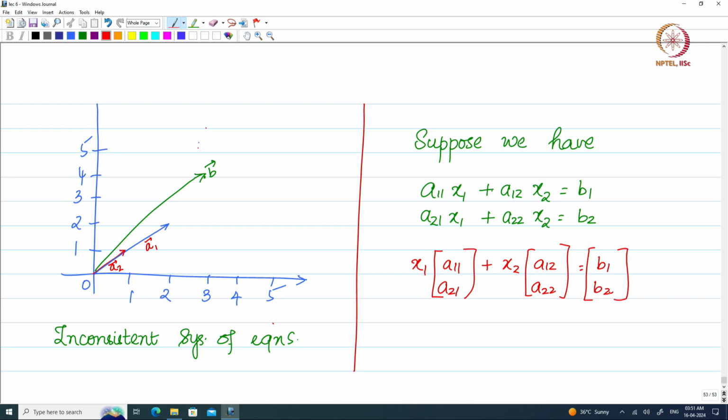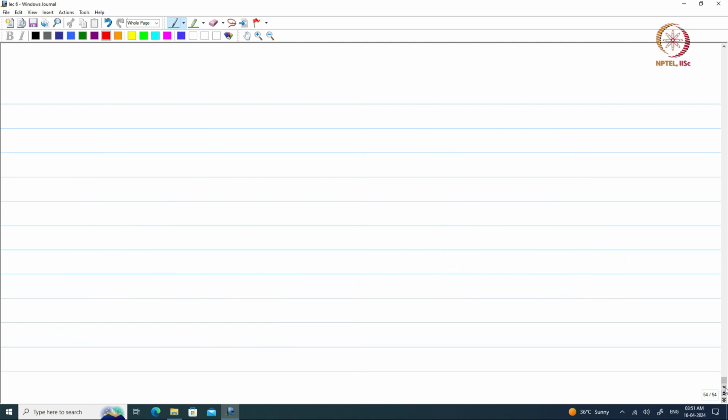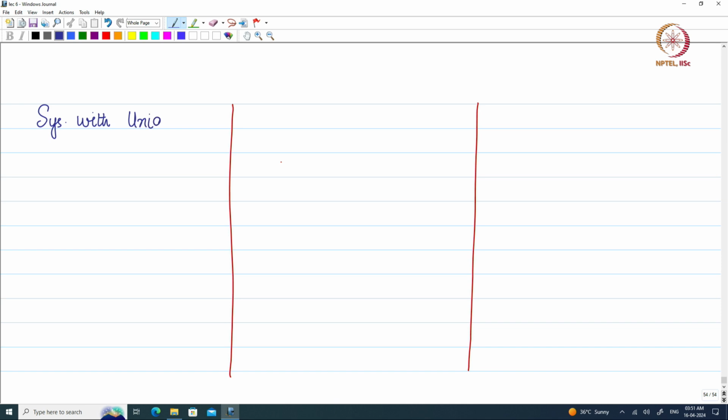Now, how do the different systems of equations look like? That means a system with unique solution, infinitely many solutions and no solution. So, let us do that. A system with unique solution, how does that look like?